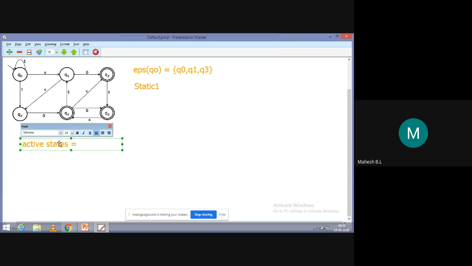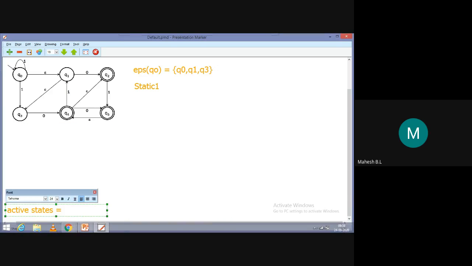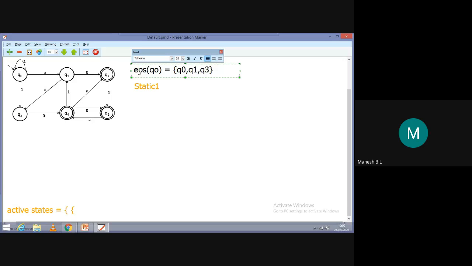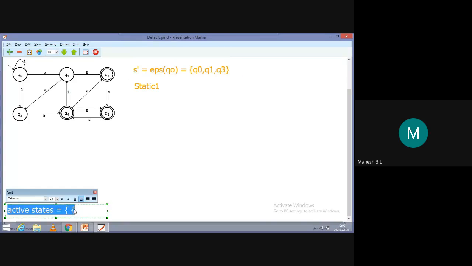Initially, this set of active states contains only one state, S dash, which is epsilon of Q naught, that is Q naught, Q1, Q3.